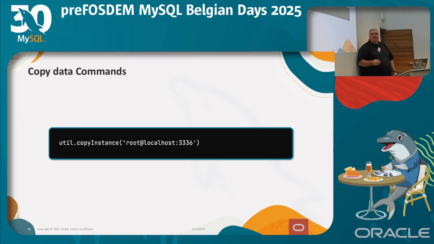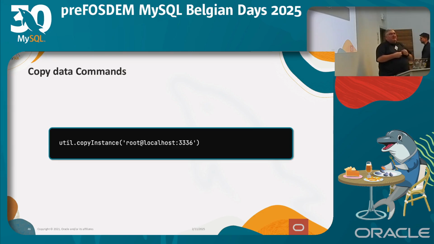So what is the source and target? In this particular case, the source is the instance of MySQL I have running on my laptop that I use for everyday stuff. And the target is going to be the sandbox instance that I just created.